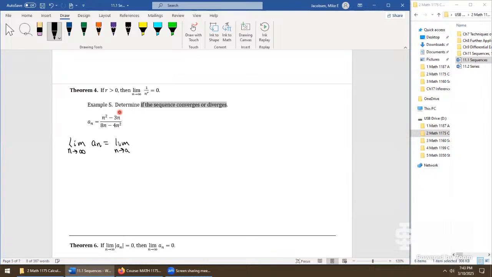We expand this and take the limit as n goes to infinity of n squared minus 3n over 8n minus 4n squared. Then there is one humongous statement in calculus 1 that I feel doesn't get enough attention in how impactful it really is.